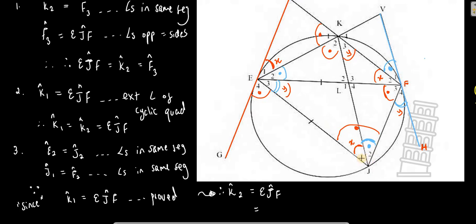Let's look at EJF. It's made up of J1 plus J2, isn't it? EJF is made up of J1 plus J2, right? That is what we had. So therefore, since J1 is the same as F2, I can say angle K2 is going to be equal to angle F2.